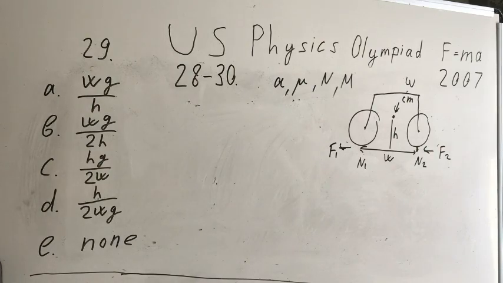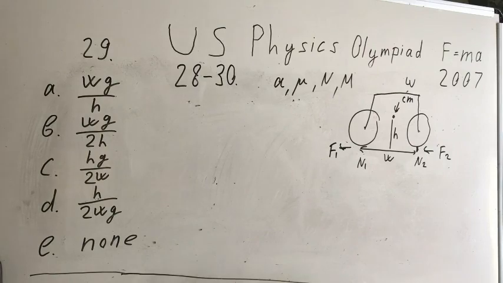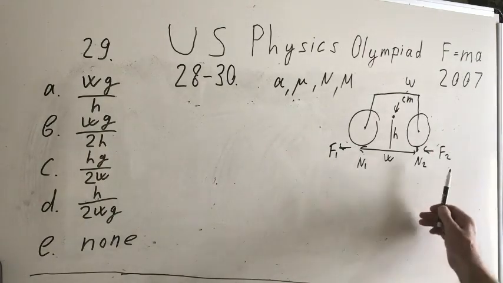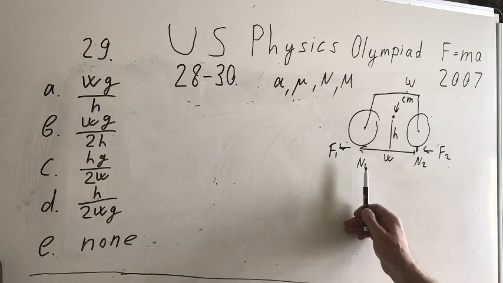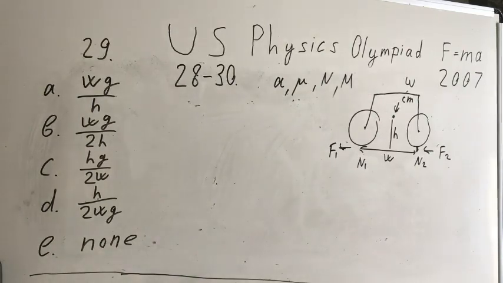If you look at this picture, we have three forces acting clockwise around the center of mass, which are F1, F2 and N1, and the force N2 acting counterclockwise.